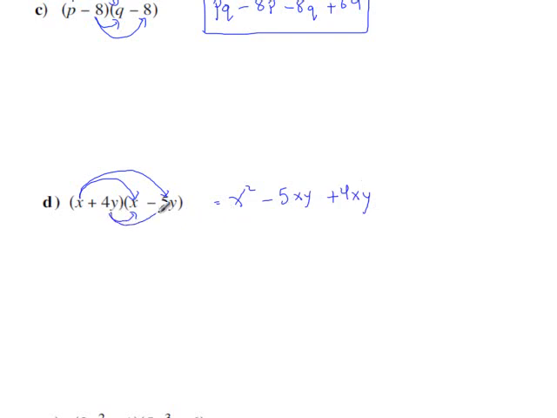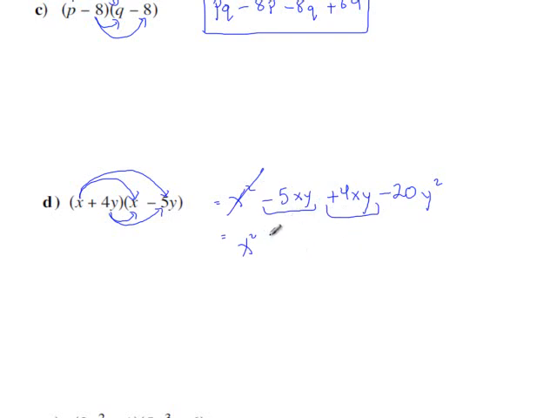Last one, 4y times negative 5y. 4 times negative 5 is negative 20. Y times y is y squared, so you get negative 20y squared. Now you have like terms to combine. So look for x squared terms, so just the x squared. Look for xy terms, see a negative 5xy plus 4xy.